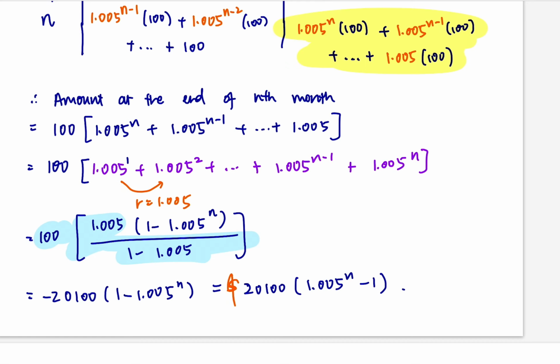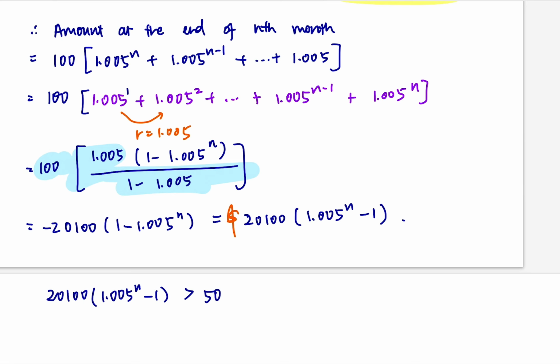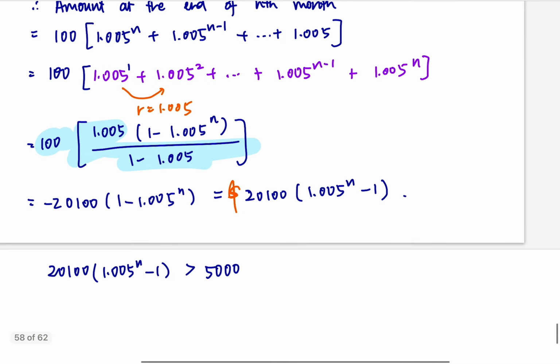Hence find in which month this account is greater than 5,000. So essentially, the question just wants you to take this amount and then say that it is more than 5,000. I mean, you can solve from here. There's an algebraic way, or there's also the table way if you want to. So go ahead and repeat similar steps as part 1.